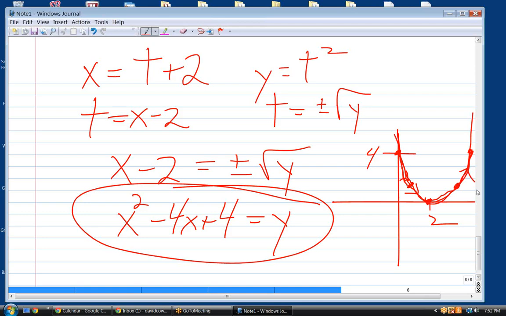Yeah, I'll check it, just so we'll know what they want. Yeah, that's what it shows. Okay. So it doesn't show this part of the curve or this part of the curve.